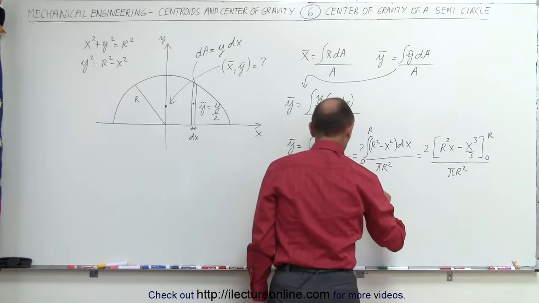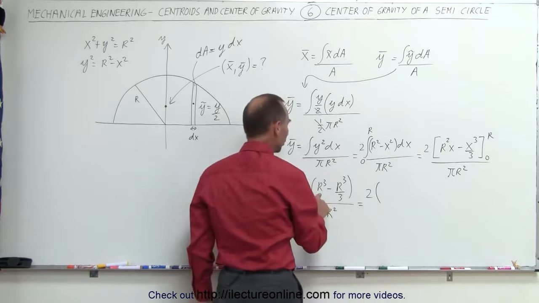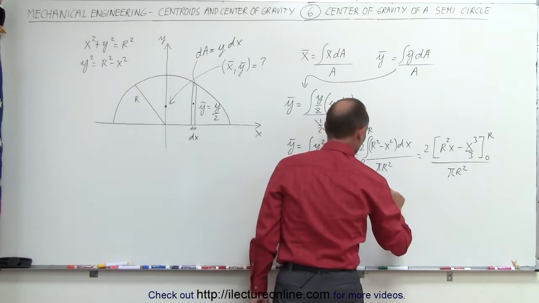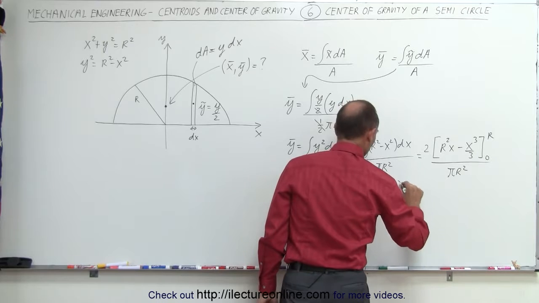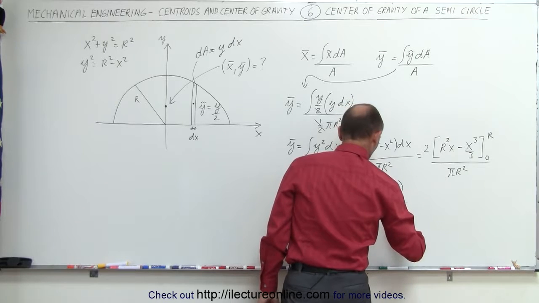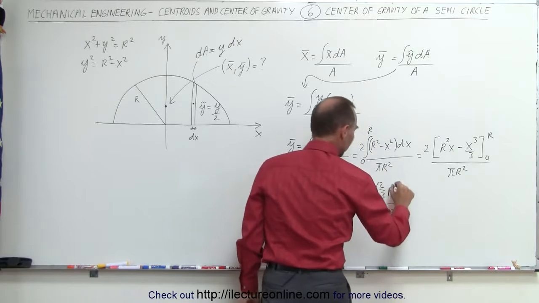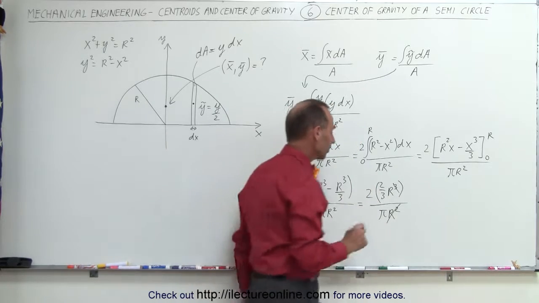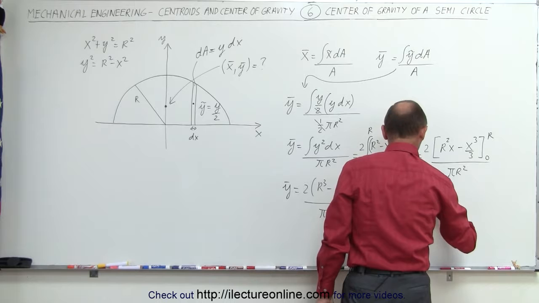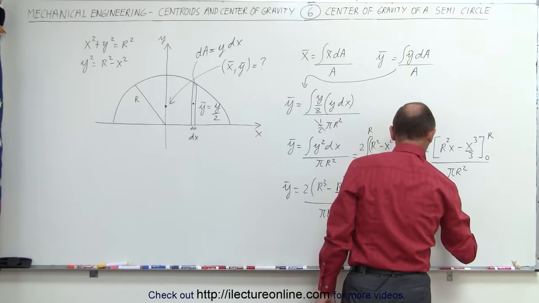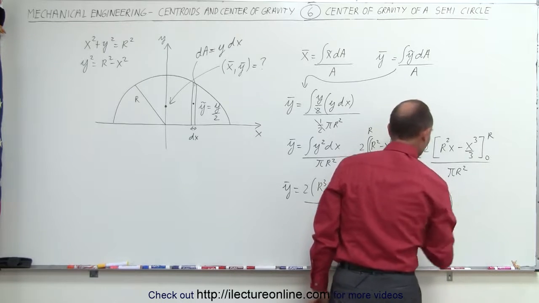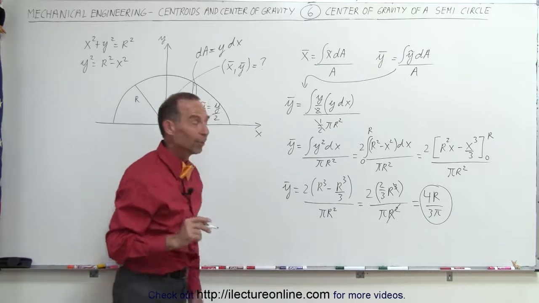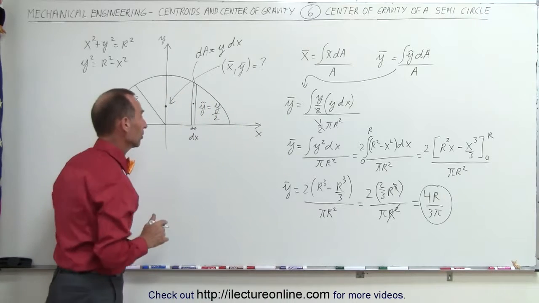So this is equal to 2 times r cubed minus a third r cubed, which is 2/3 r cubed. Divide the whole thing by pi r squared, and then this r squared comes out. 2 of those. We put the 3 on the bottom, we have 4 on the top, so this becomes 4r divided by 3 times pi.